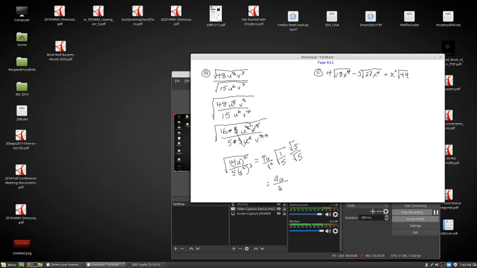So this becomes 5v squared. And then the only thing we'll have left under the square root sign is the square root of 5 in the numerator. And that's what that would be equal to.